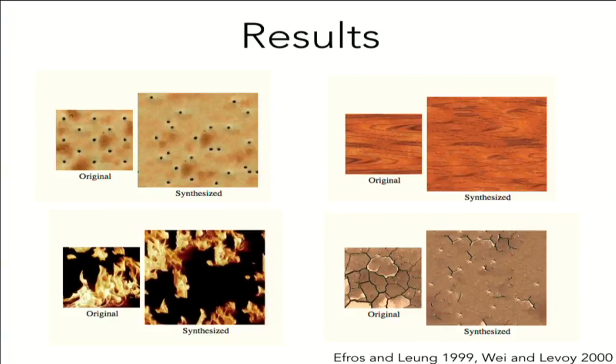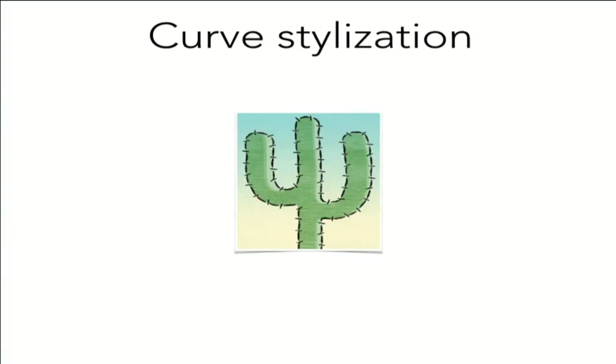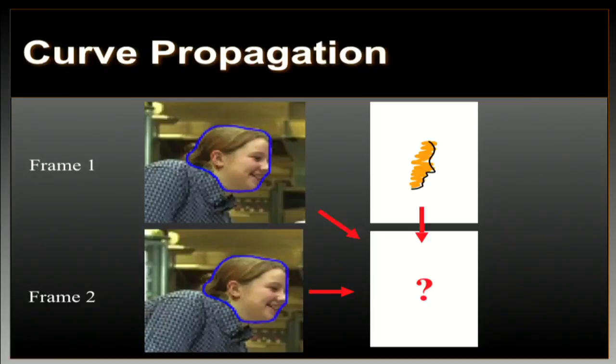So I saw that and thought I could use it for curve stylization. Instead of having to write procedures for, or draw all those individual curves myself when stylizing an animated 3D model, I could do that by example. Suppose I've drawn the strokes over that blue silhouette rotoscope in one frame of video, and I've drawn the thing on the upper right, and now I have the next frame.